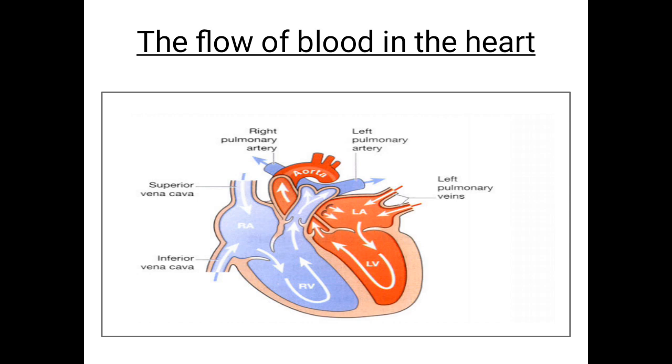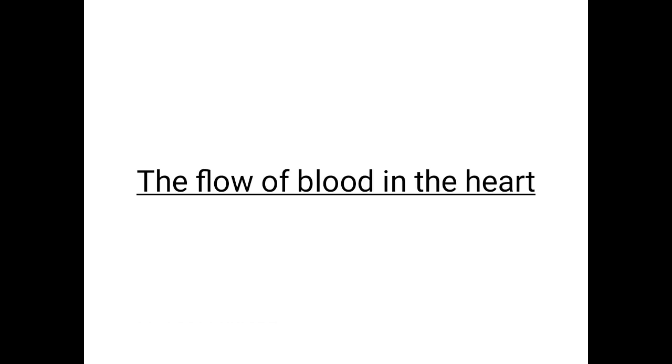Okay, so if they say draw a heart showing the flow of blood, they're expecting you to put in some arrows that are showing how blood is flowing through the heart, from and to the heart. Okay, so these are the arrows that you're talking about. Okay, so now let's talk about this process.